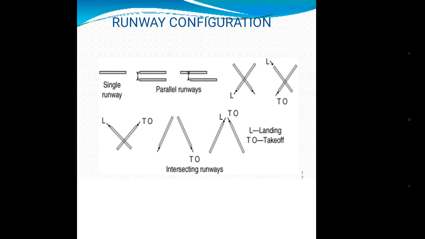Now what are the configurations for these runways? As I said earlier, in domestic airports the number of runways is limited, but in international airports we have more runways. Now how are they categorized? In this picture: a single runway, if a particular airport has a single runway, then parallel runways exactly parallel to each other, then parallel runways in a staggered manner, then L-shaped runways, then intersecting runways.